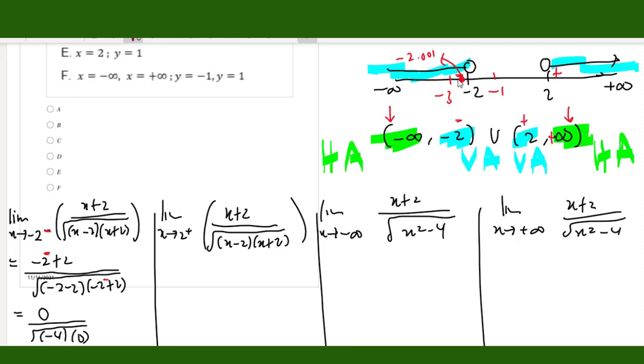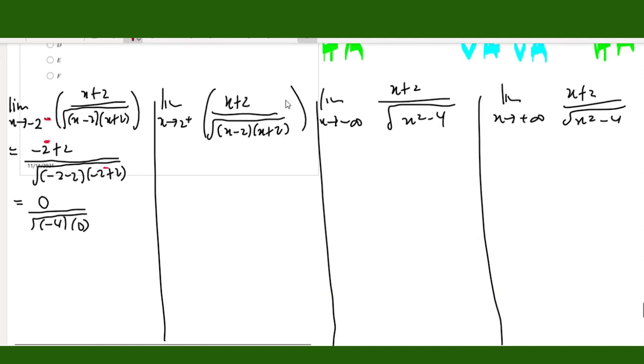Substituting negative 2.001, the factors are negative times negative, which is positive. So the numerator is 0 negative, over 0 positive under the root.